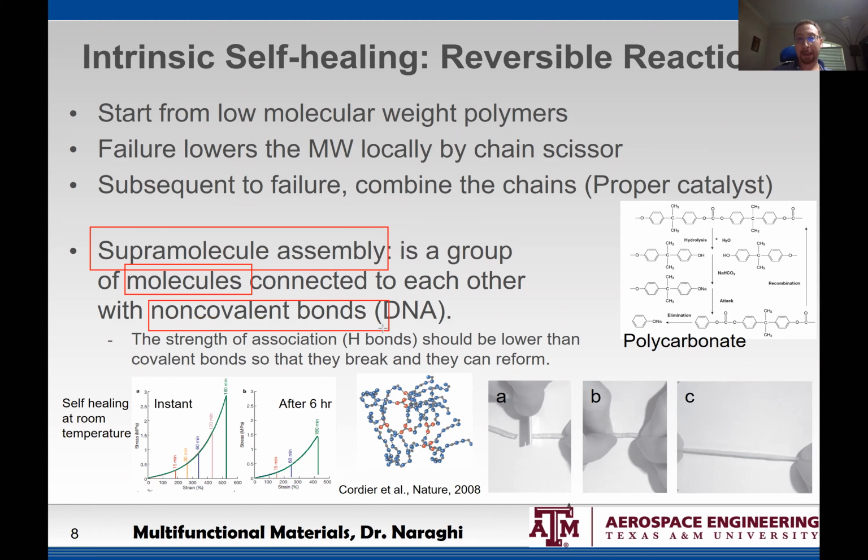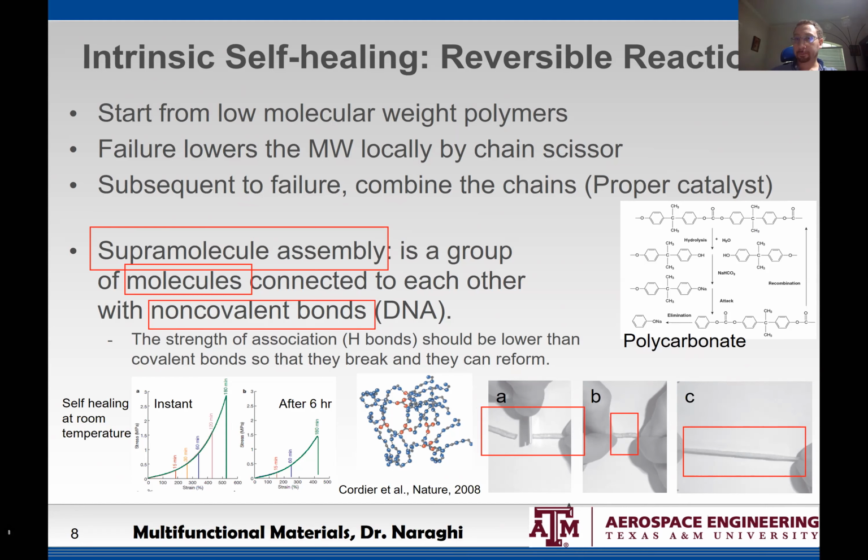These are reactions that have very low activation energy. For instance, if you look at this figure, they broke the two parts with a razor blade. They put the two parts together, and then they pulled on them, and it has become one again.